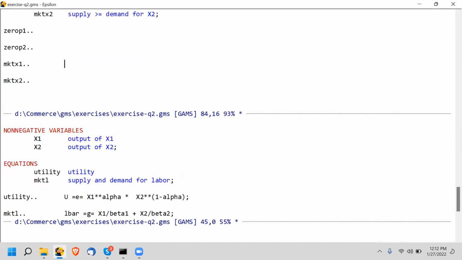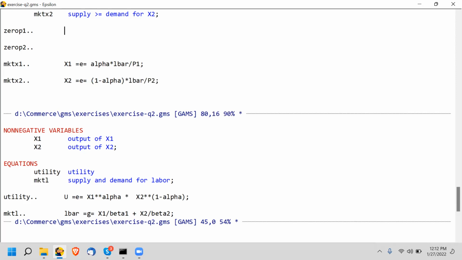So the market for X1: X1 is going to be equal to alpha times L bar divided by P1. Cobb-Douglas, X2 is equal to 1 minus alpha, L bar divided by P2.